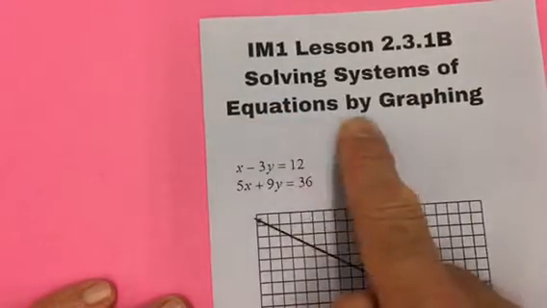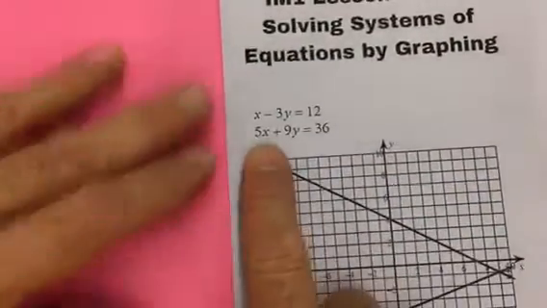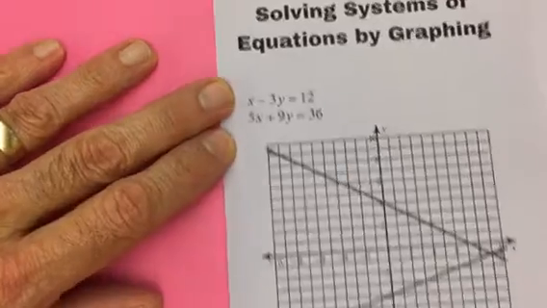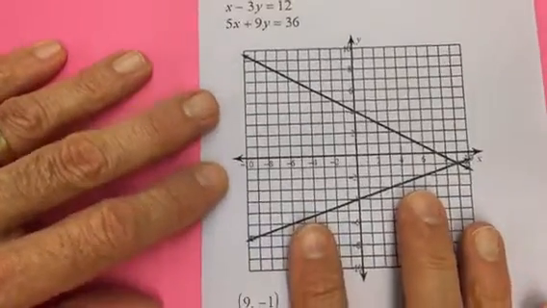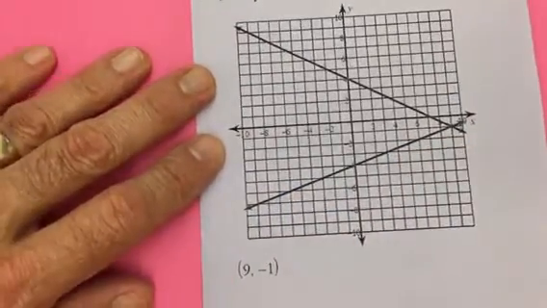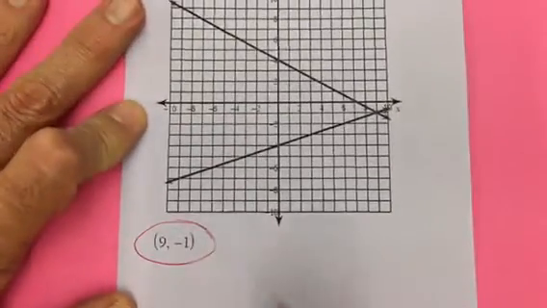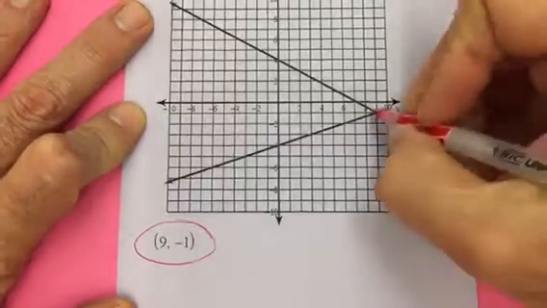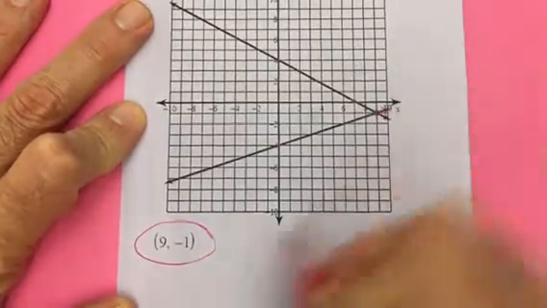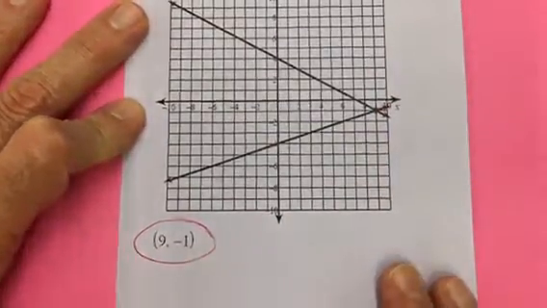Solving systems of equations by graphing. I've got two equations right here. They're graphed on this graph, and the solution's right there. I always want to see your ordered pair where they meet. This is 9, -1. Bam. That's how I always want to see your answer.